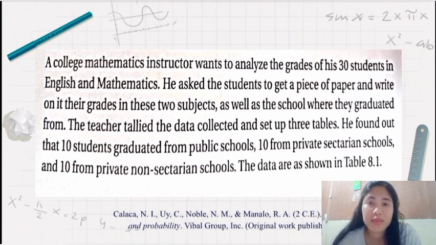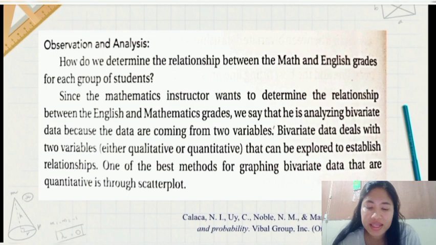So for the observation and analysis, how do we determine the relationship between the math and the English grades for each group of students? Since the mathematics instructor wants to determine the relationship between the English and math grades, we say that he is analyzing bivariate data because the data are coming from two variables.